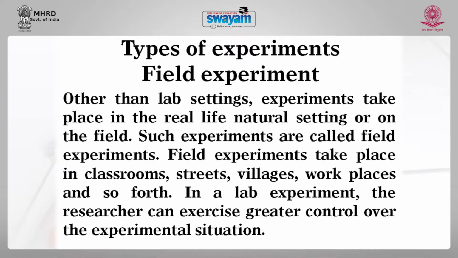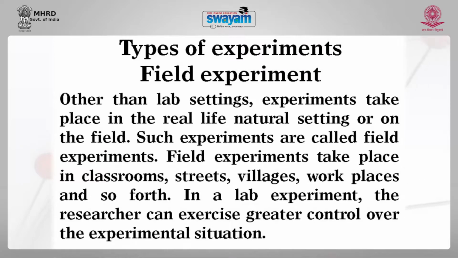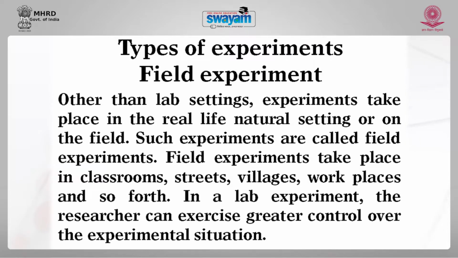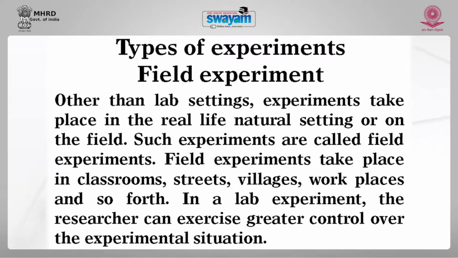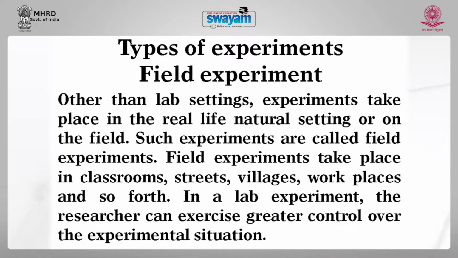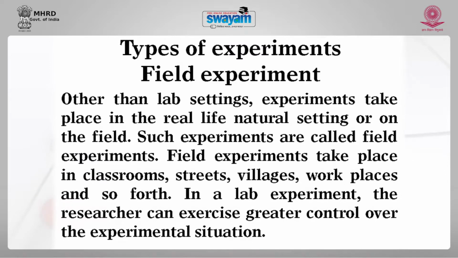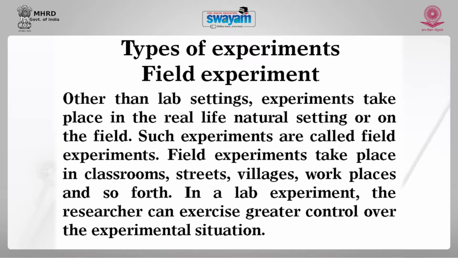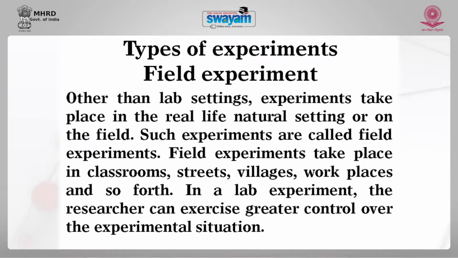Other than lab settings, experiments take place in the real life natural setting or on the field. Such experiments are called field experiments. Field experiments take place in classrooms, streets, villages, workplaces, and so forth. In a lab experiment, the researcher can exercise greater control over the experimental situation.